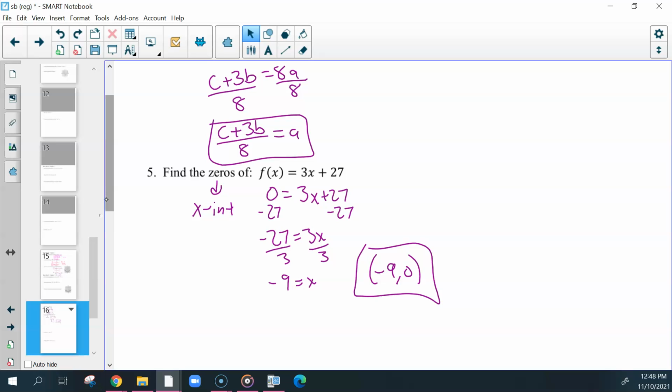Where we would get -9, or the ordered pair -9, 0. Do you have questions on either of those?